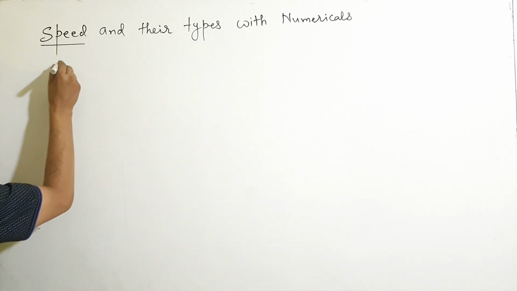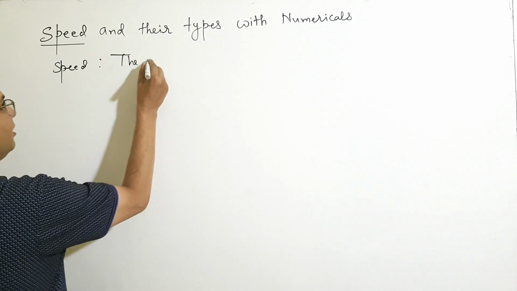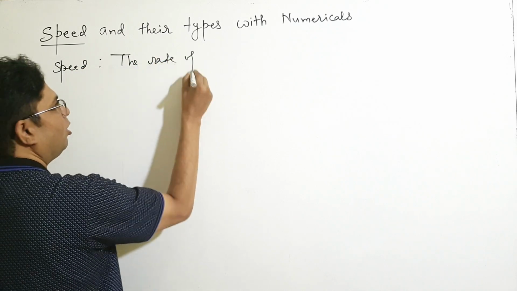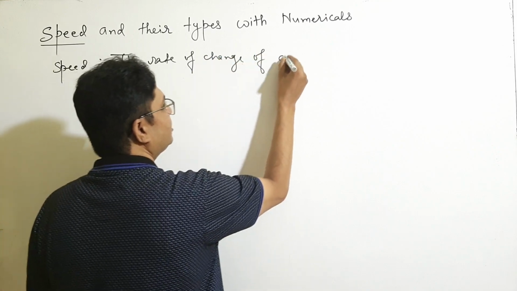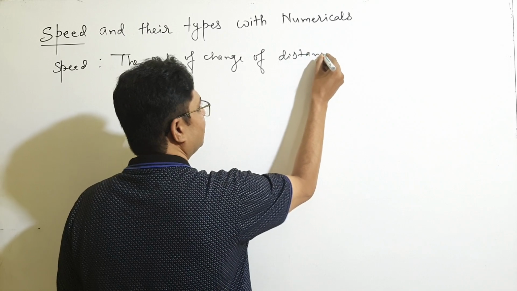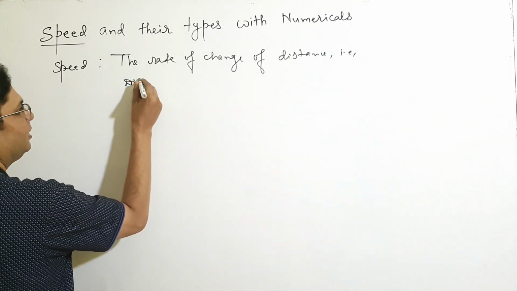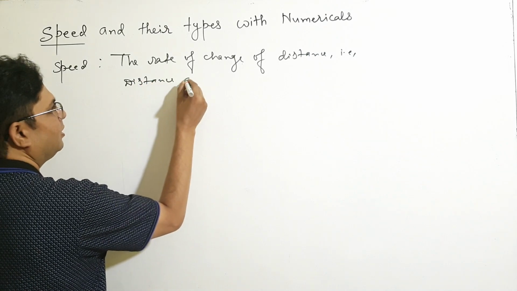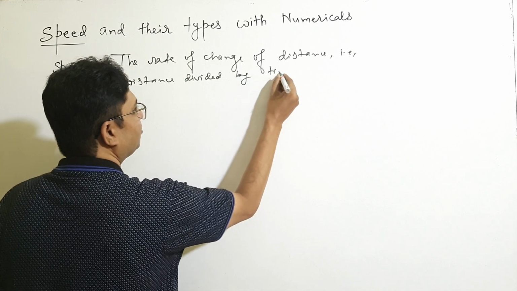So, speed is the rate of change of distance, that is distance divided by time.